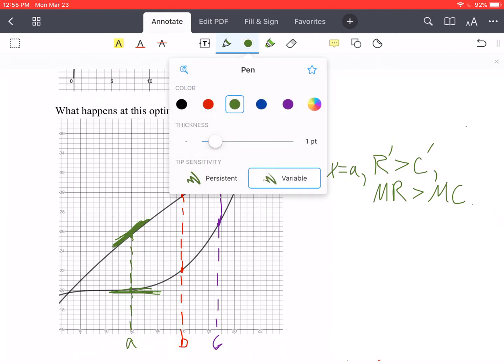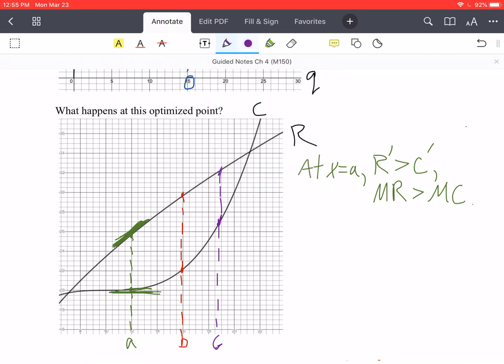Now if we look at the point C, we'll come back to the point B in just a minute. Look at the point C, at what's happening here.